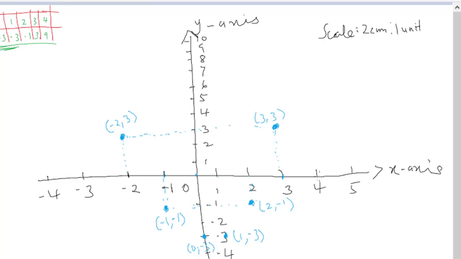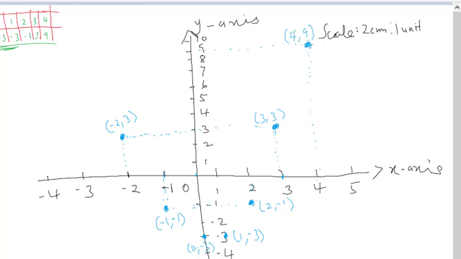The next one is 4 and 9. Our x is 4 and our y is 9. So you use short dashes to determine where the two points are going to meet on the graph. It's 4 and 9.